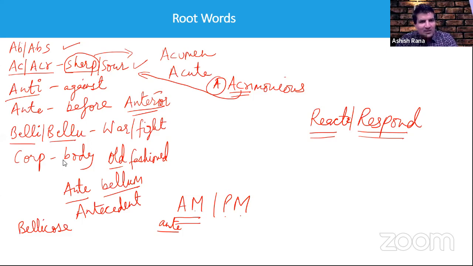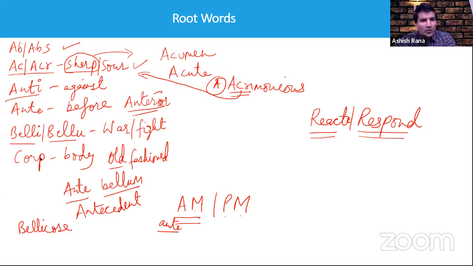Okay, now corp, can we do some corp? So corp is body. Okay, so corporate. What else? Corporation, yes, that's correct. Not corruption, corruption is not correct. Corpse is correct, absolutely.